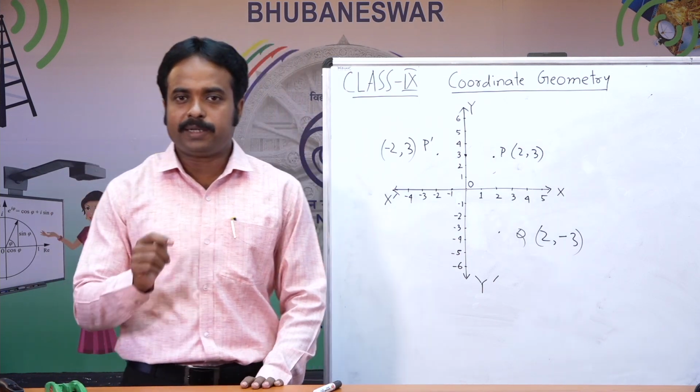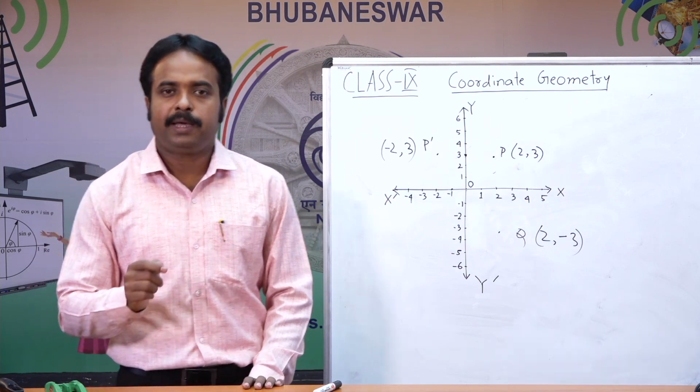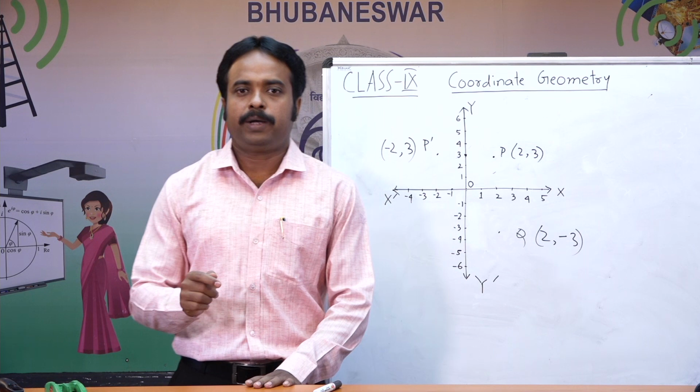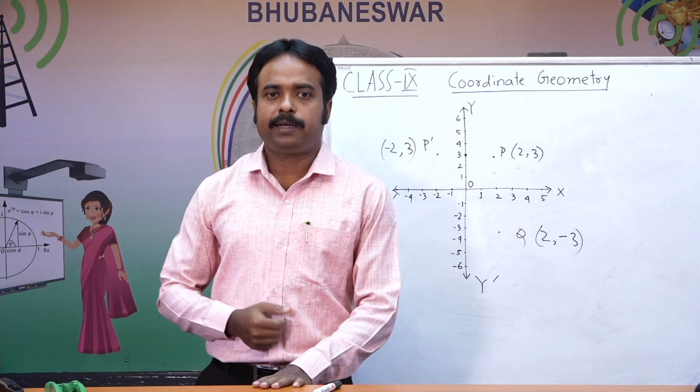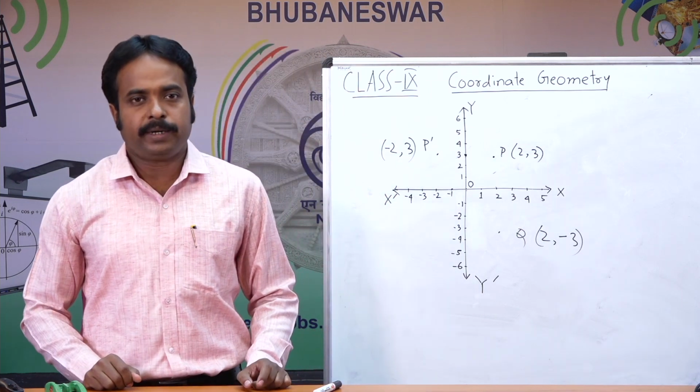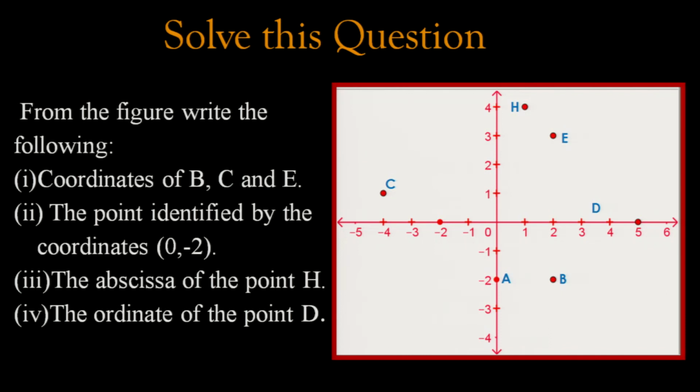Therefore, the coordinates of the point B are 2, -2. One more thing, C is there. What are the coordinates of the point C? To get the coordinates of C, we have to go 4 units along the negative x-axis, then 1 unit along the positive y-axis. Therefore, the coordinates of the point C are -4, 1.